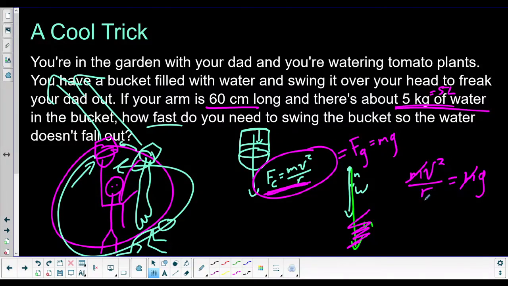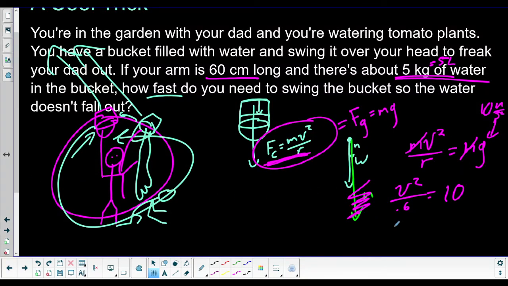The radius is 0.6 because we want it in meters, because g is going to be 10 in meters per second squared. So we have v squared over 0.6 equals 10. Multiply 0.6 over, so v squared equals 6. And then take a square root.